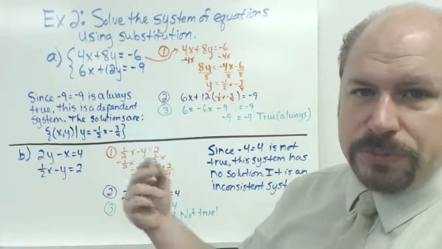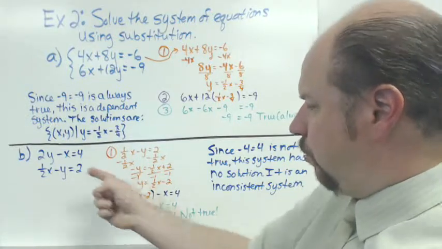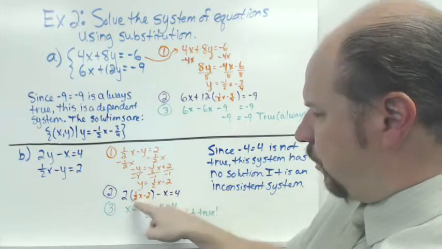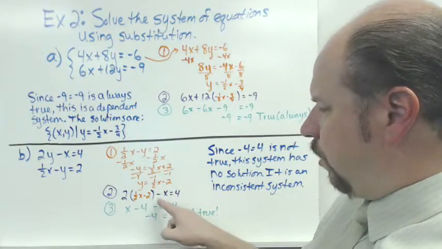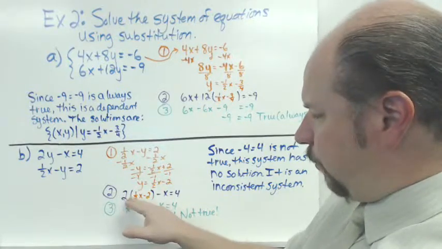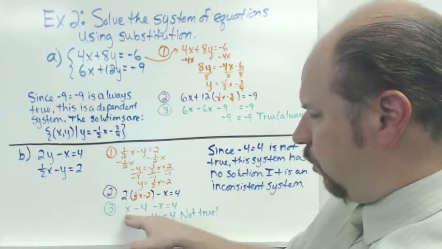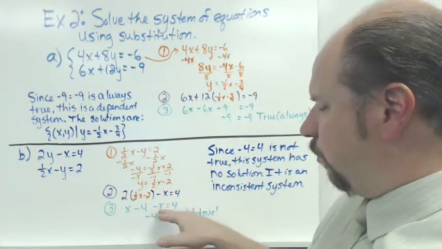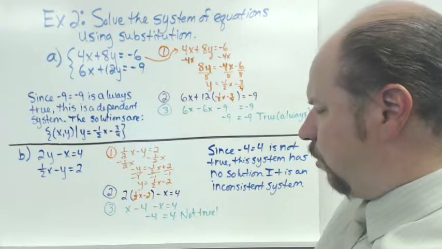So remember now, substitute that into the other equation. So 2 times y, so I took 2 times what y is, 1/2 x minus 2, minus x equals 4. And when we distribute here, 2 times 1/2 is 1, and 2 times negative 2 is negative 4. So x minus 4 minus x equals 4.